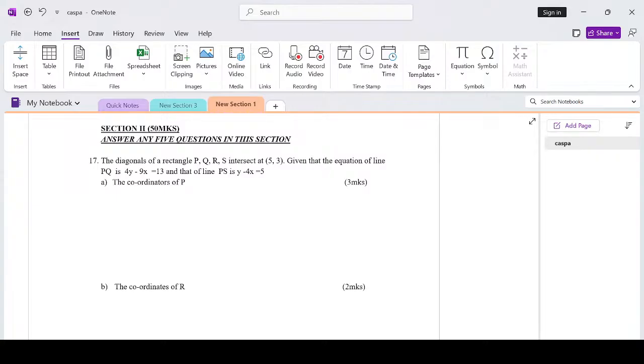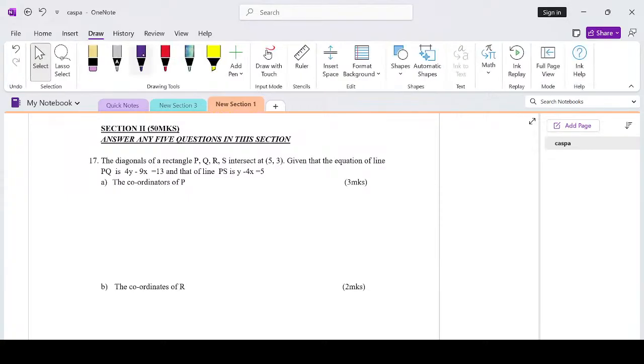So they are telling us that we've got a rectangle. Let's have a sketch of our rectangle, dear learners. This is the rectangle PQRS.